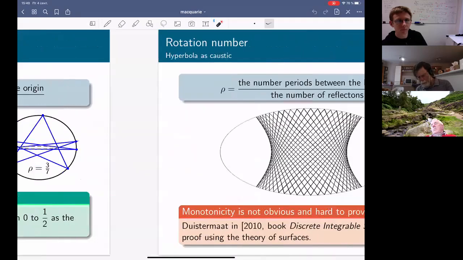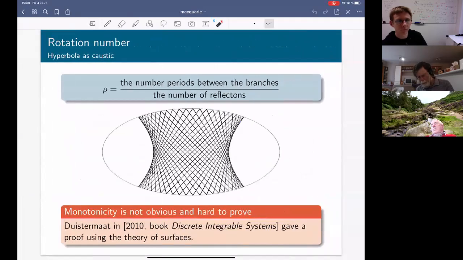And now let's ask what about the other trajectories, those where we have a hyperbola as a caustic. Their rotation number is defined in a different way. It is more natural to define the rotation number as the number of periods between the branches divided by the number of reflections. So again, we divide by the number of reflections.